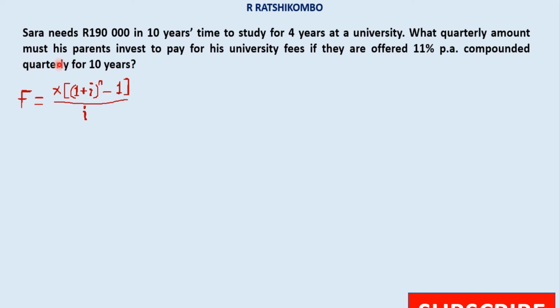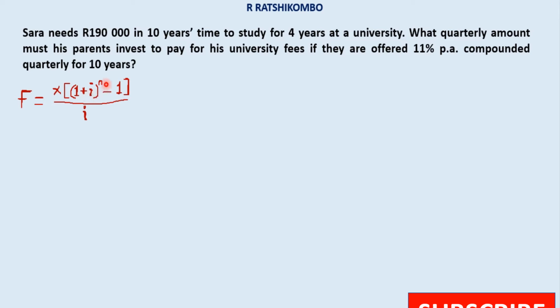If it was half yearly, or 6 months, we're going to multiply the value of n by 2. If it was monthly, we were going to multiply the value of n by 12. And the moment we multiply the value of n either by 2 for half yearly or by 4 for quarterly, we will divide I by that particular value.